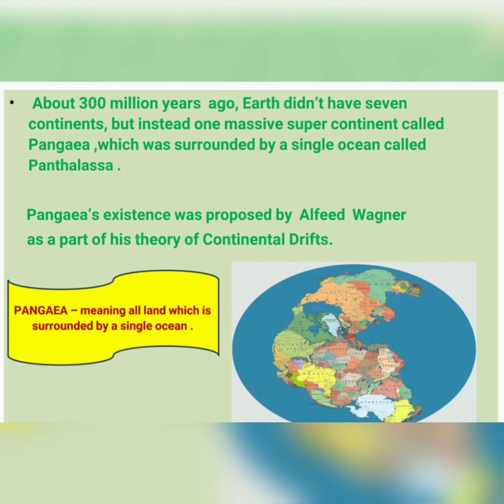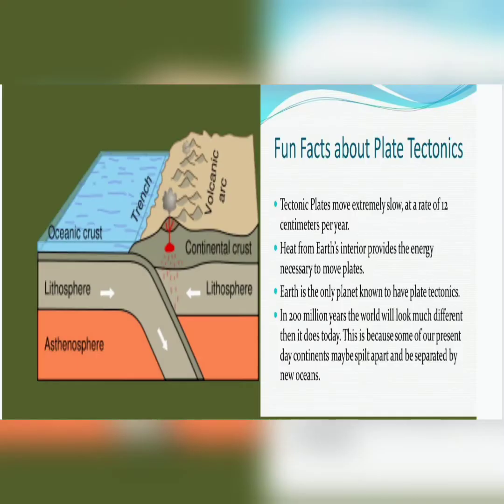Today, the theory of continental drift is combined with plate tectonic theory to explain the formation and drifting away of continents. The plate tectonic theory states that the outer solid lithosphere is made up of several plates.